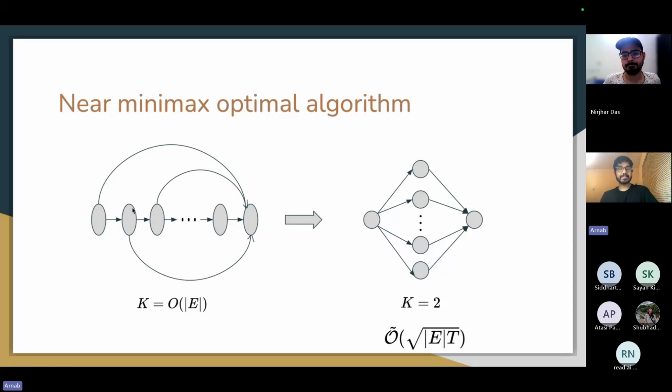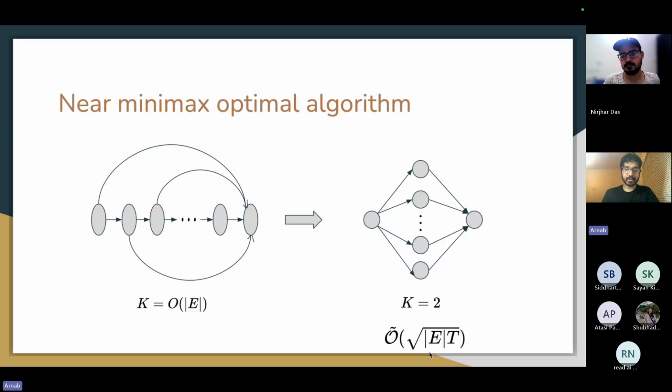So what I did is I can just treat each of them as a separate arm, like order E different arms, and you can rewrite that as a DAG in this particular fashion. So this is like choosing your arm 1 or path 1. This is choosing path 2 and so on. So you have order E paths, and the length of any path is 2.